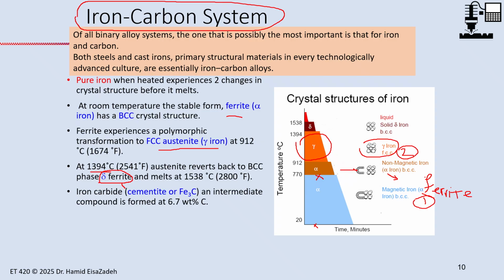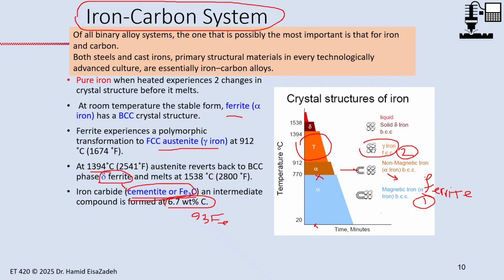This one is important, and this is the second one. We have a term called iron carbide or cementite or Fe3C. It's an intermediate compound formed at 6.7 weight% of carbon. So if you have this much carbon and the remaining is iron, about 93% Fe, you will form cementite.